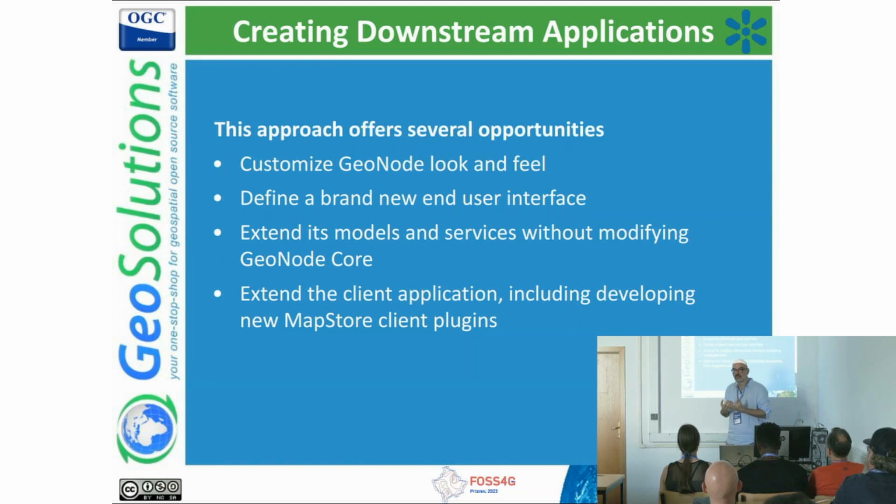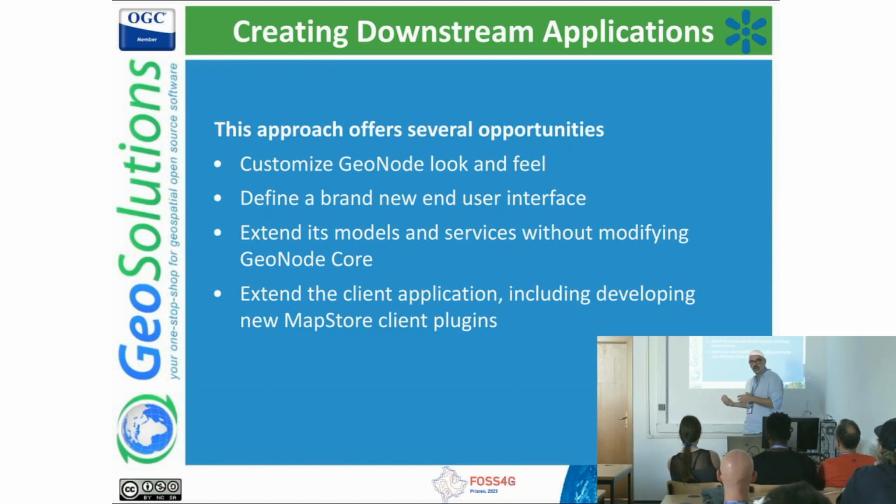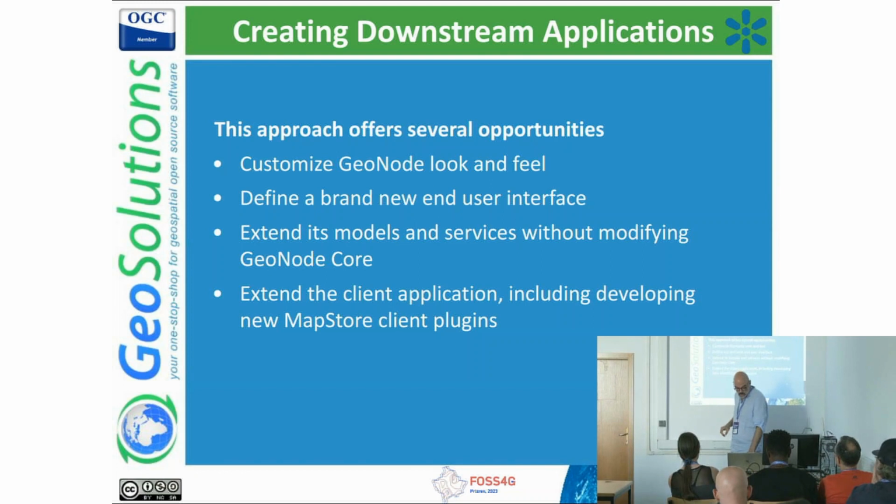MapStore is also a product from an open source project from us, which is a WebGIS framework that is used to build the GeoNode client also. And it can be extended with plugins. So the GeoNode project is also a container where you can place or customize the default client for GeoNode, okay?